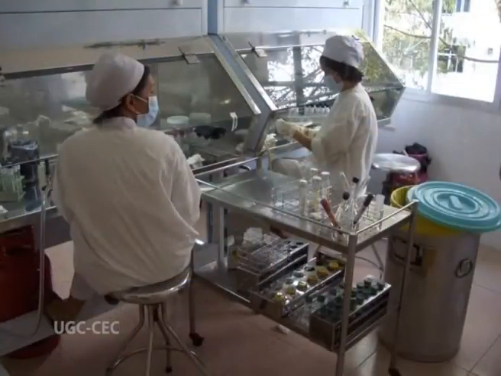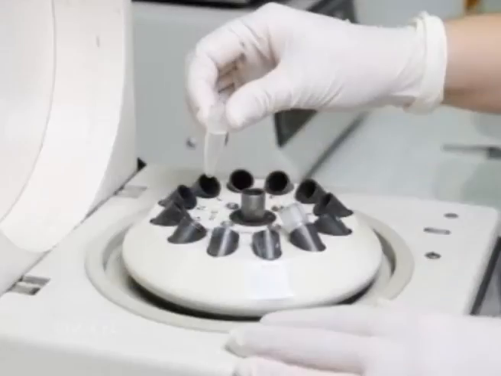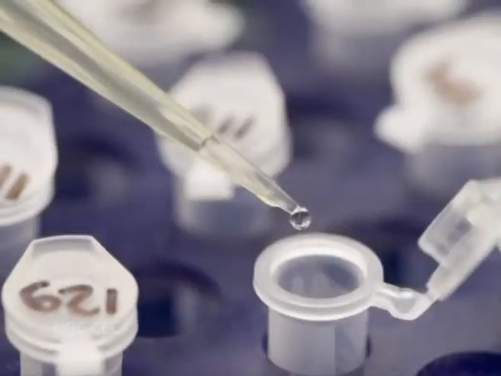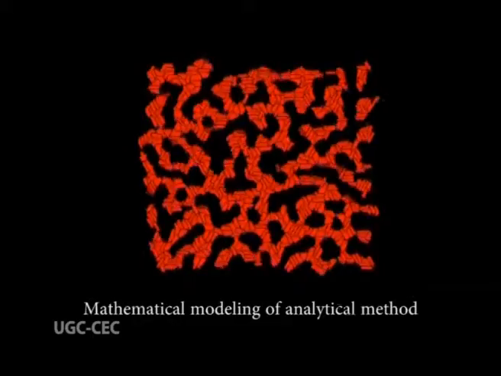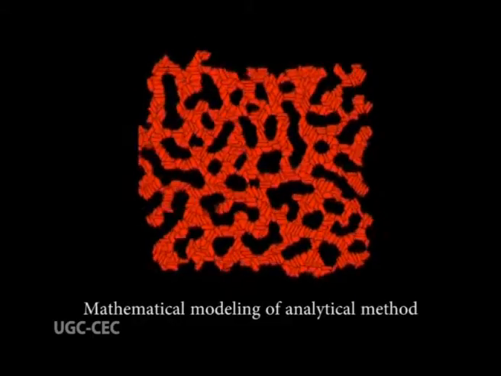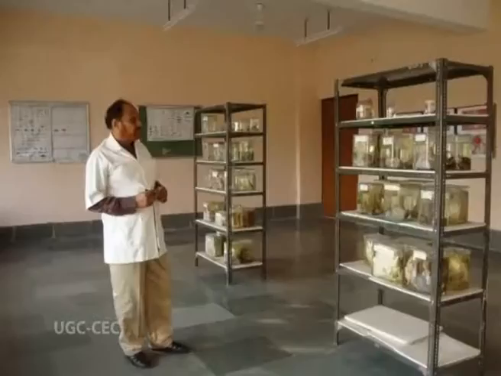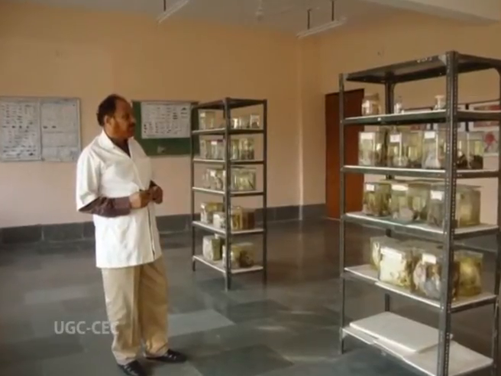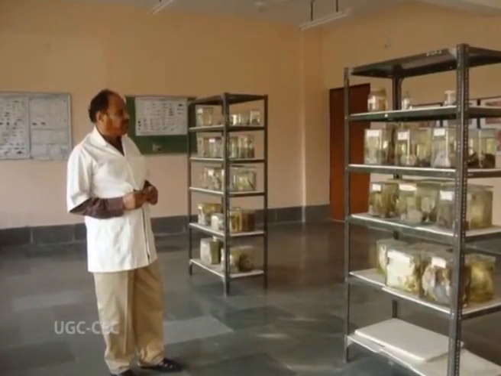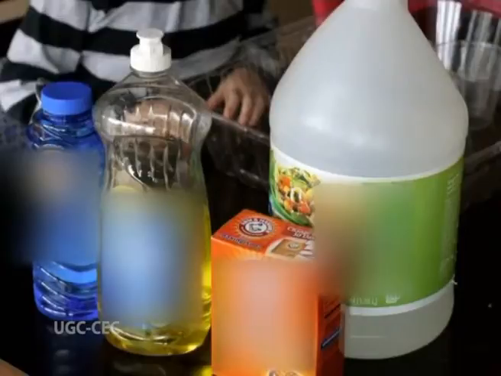They serve as National Referral Center for Regulatory Toxicology issues. Regulatory toxicology develops new analytic methods for characterization and quantification of chemicals. This involves developing mathematical modeling of analytical methods. Regulatory toxicology does toxicopathological investigations on chemicals and products.